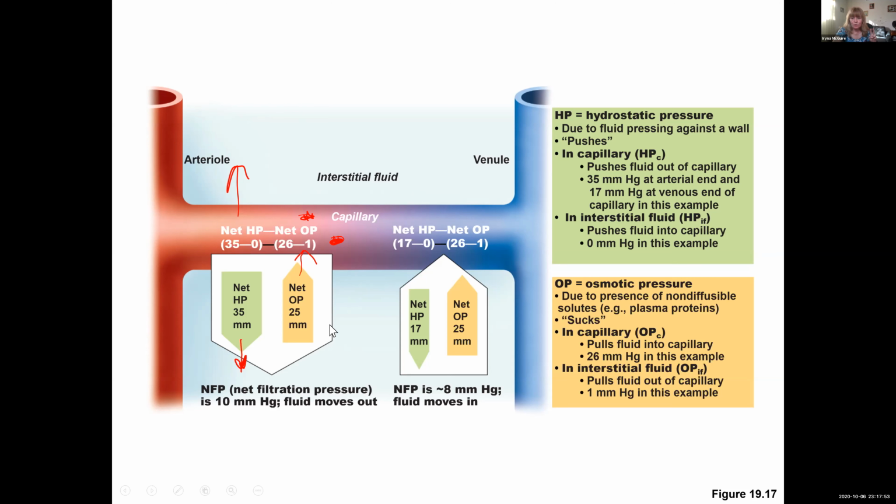Inside the capillary, OPc is 26, and in interstitial fluid OPif is 1 millimeter mercury. So what is your net pressure? 25 millimeters mercury, and this pressure moves fluids in.